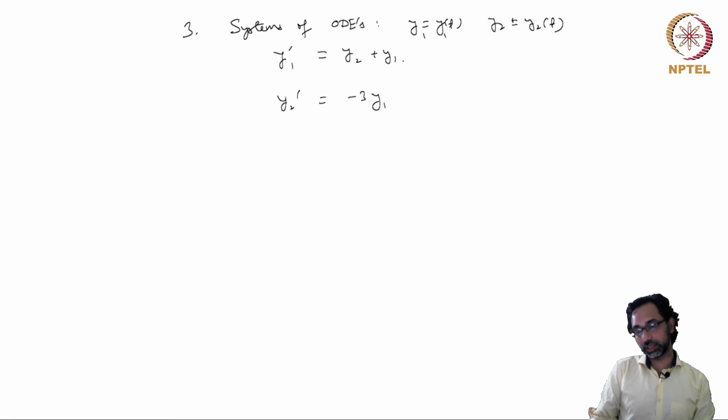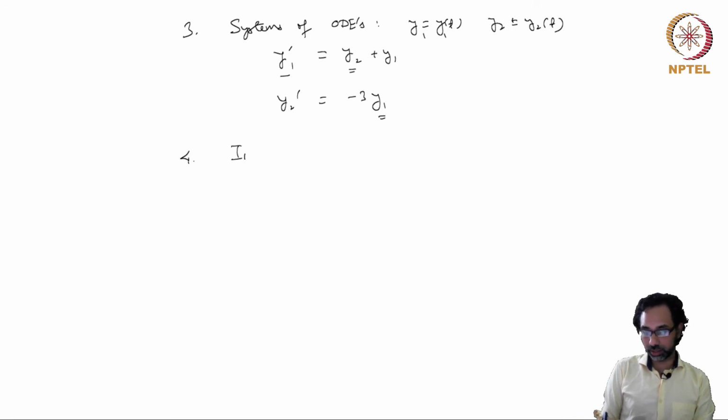So this is a system of linear ordinary differential equations in two unknowns, and each unknown appears in a first order differential equation. The Laplace transform technique can help us to solve such problems as well.